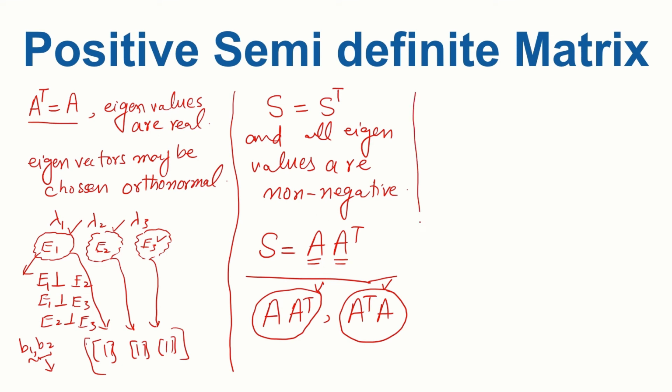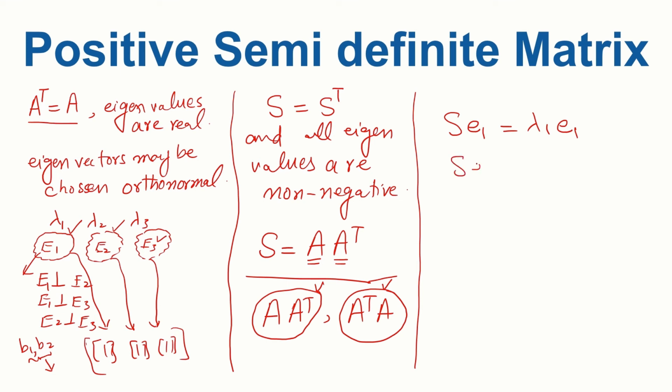And further, all the eigenvalues of this positive semi-definite matrix are non-negative. So think about an eigenvector of S. Let's say E1 is an eigenvector of S. Then SE1 can be written as lambda 1 E1, where lambda 1 is the eigenvalue of S corresponding to eigenvector E1.